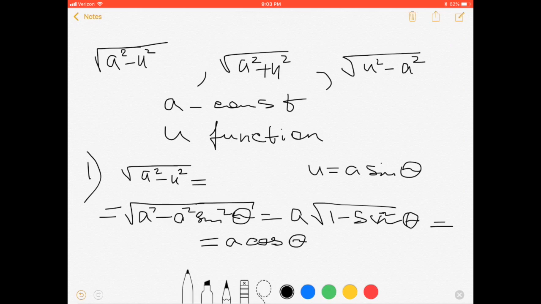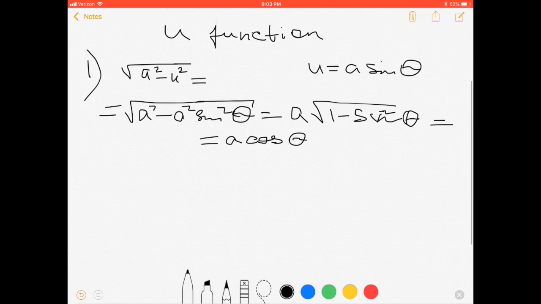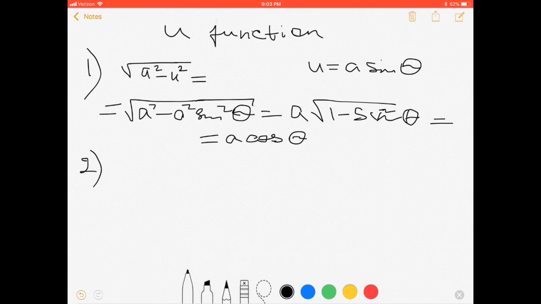Okay, great. What happens if you have the second type? If you have a sum inside the root, this means your constant square plus your function square. Then we use substitution u equals a tangent theta.